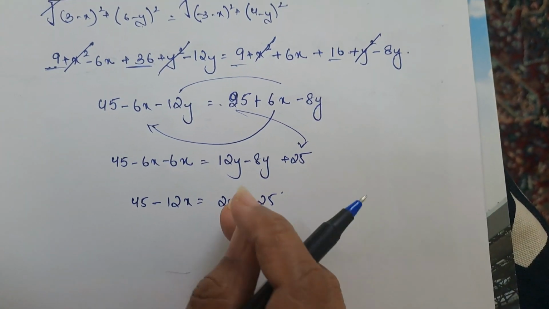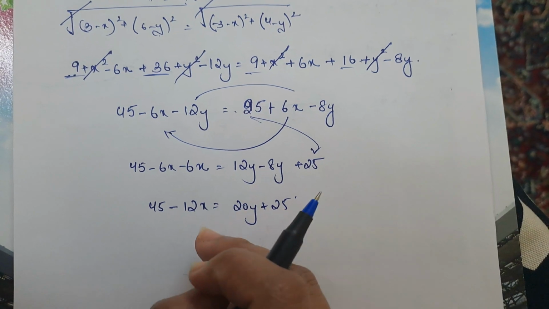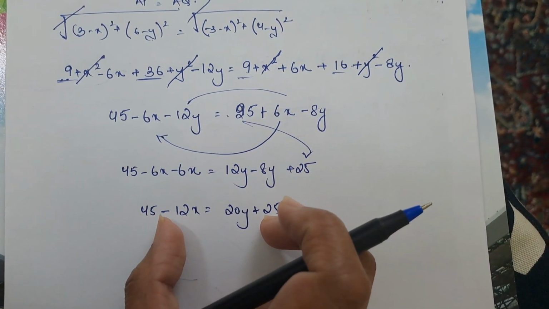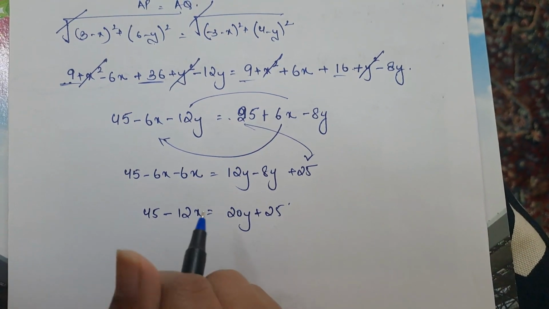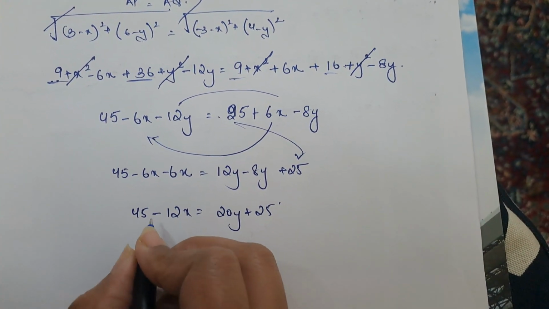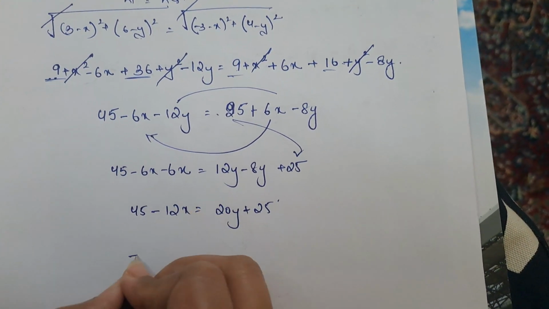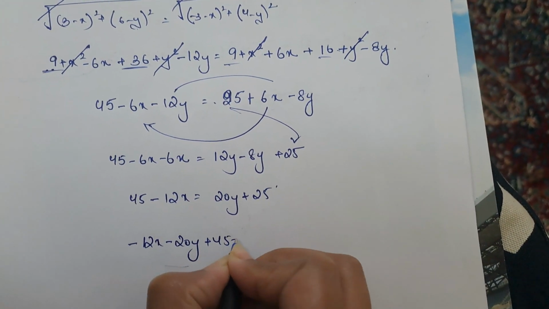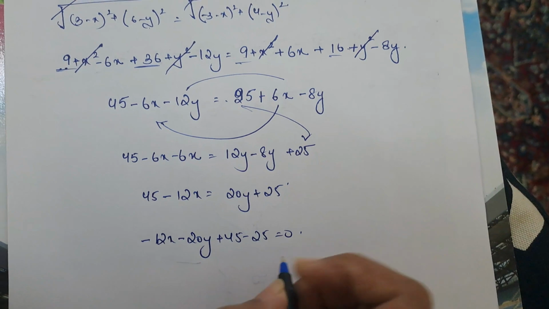Now let's simplify it: minus 12x minus 20y plus 45 minus 25 is equal to 0.